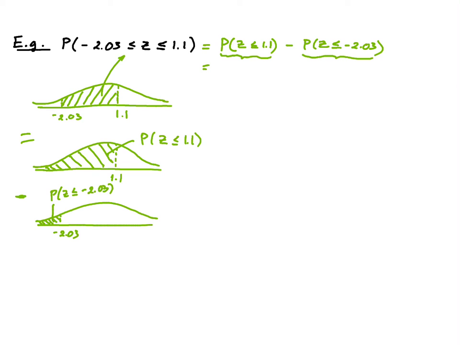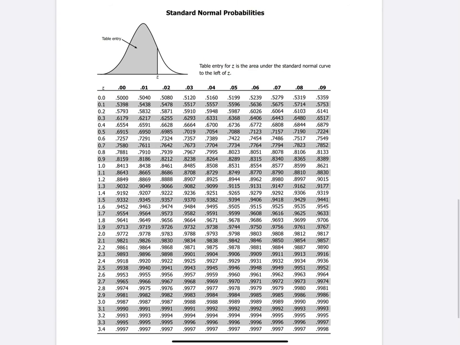So we want to find the probability that z is less than or equal to 1.1. So let's go to the positive side of the table. For the probability that z is less than or equal to 1.1, we can write 1.1 as 1.10. So the first part is 1.1 and the second part of this value is 0.00.